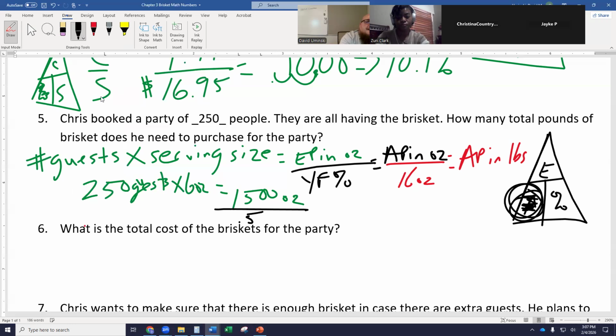And we divide that by that same 0.55. And we get 2,727.27 repeating ounces. 27, 27, 27. Okay?